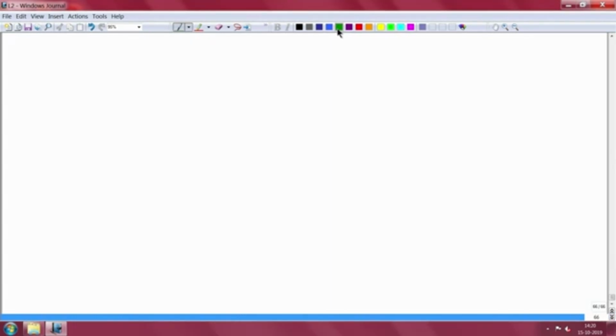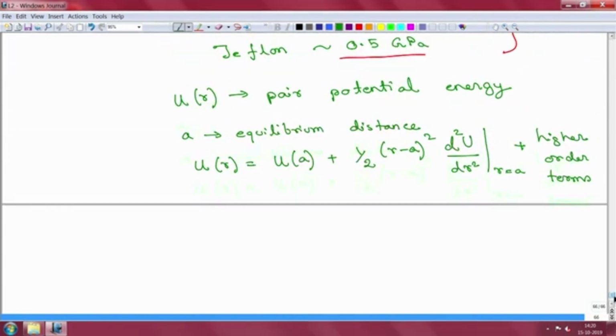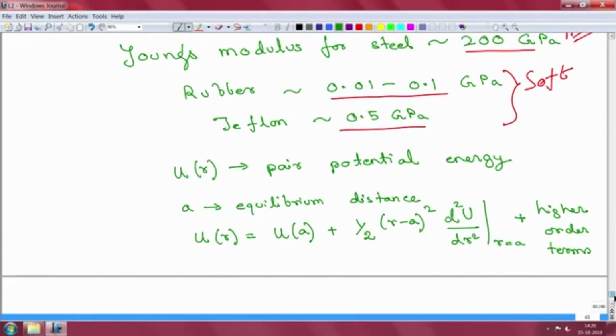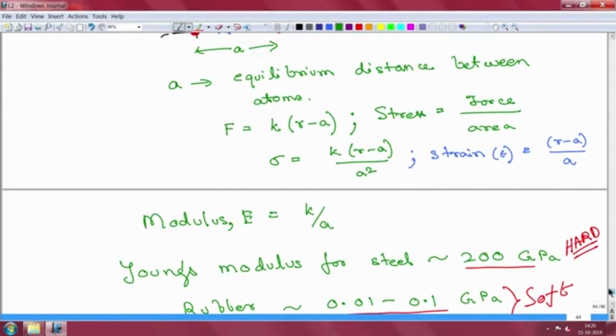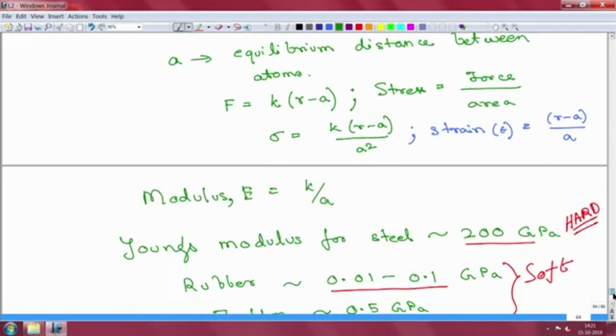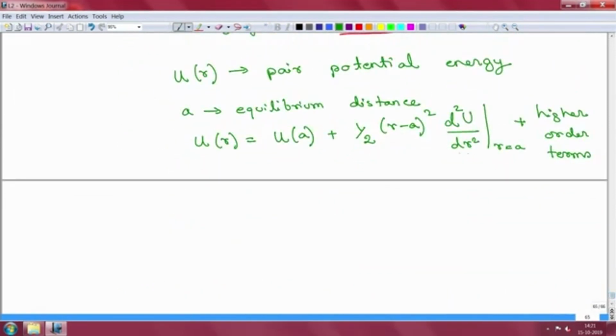So, now if we had to compare our original formulation, in which we had said that the force is equal to this spring constant k multiplied by (r minus a), this gives the restorative force. So, this restorative force has to be related to the pair potential that we are discussing, right.